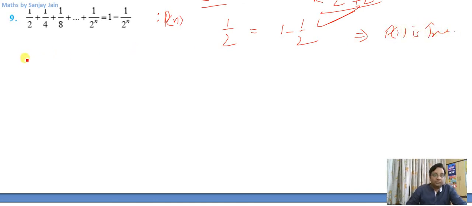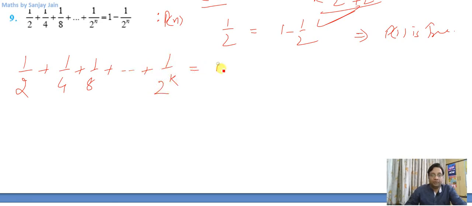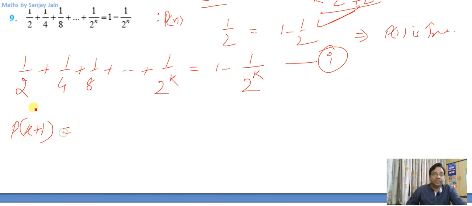Now assume it to be true for p of k, so this will give me this equation, 1 upon 2 raised to power k will be equal to 1 minus 1 upon 2 raised to power k, and this is my first equation. Now to prove p of k plus 1 to be true, what will be my left hand side?